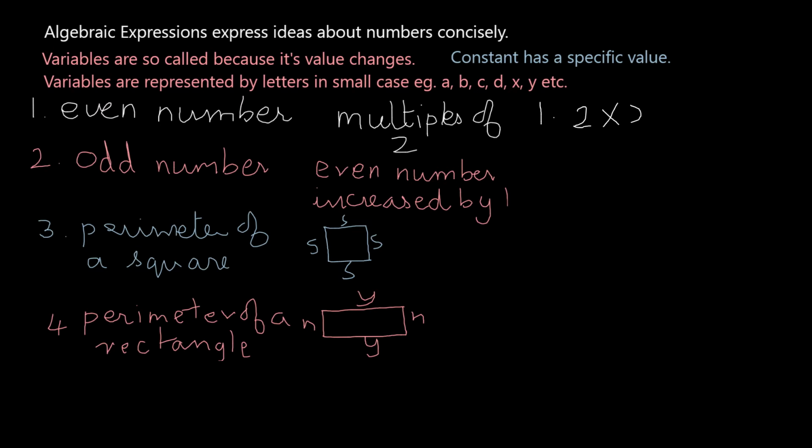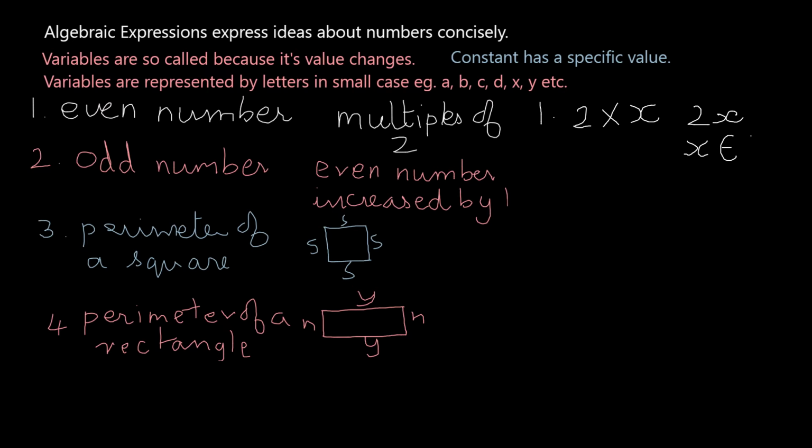Now in algebra, by convention, when a constant and a variable are multiplied, or 2 variables are multiplied, we generally drop the multiplication sign and we just write 2x. And of course, x has to belong to the set of natural numbers.